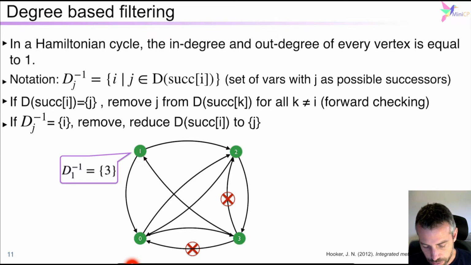So this only node 3 points directly to the node 1. As a consequence, we know that the successor of 3 must be assigned to node 1. Because if we don't do that, then we have no city that will be able to enter into node 1, and this is mandatory in the final Hamiltonian circuit. And so we can safely remove these two edges there. We know that these two edges will not be part of a solution to the Hamiltonian circuit on this graph.